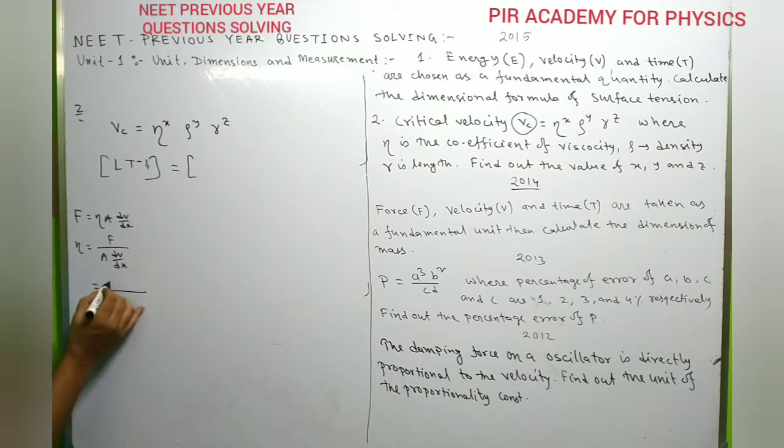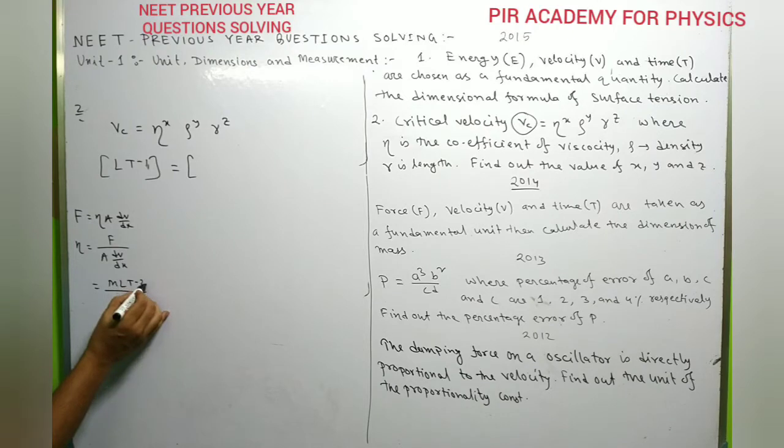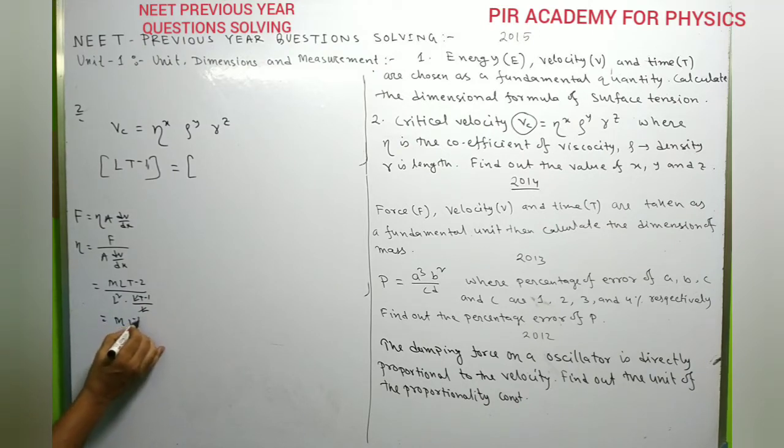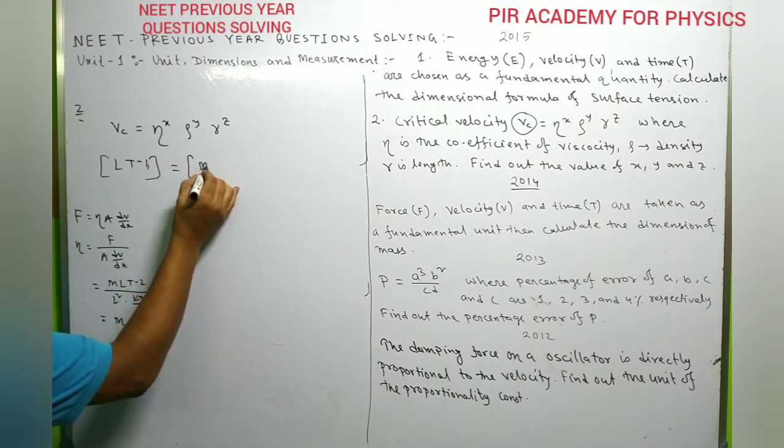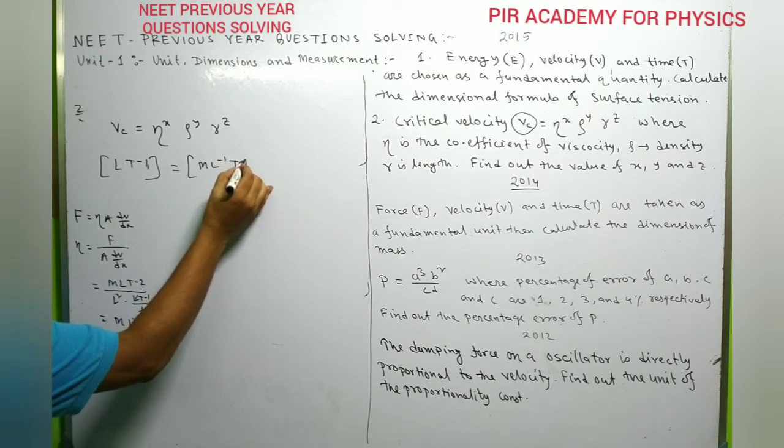So the dimension will be M L T to the power minus 2, here L square, here L T to the power minus 1, and one L cancels out. So it will be M L to the power minus 1 T to the power minus 1.